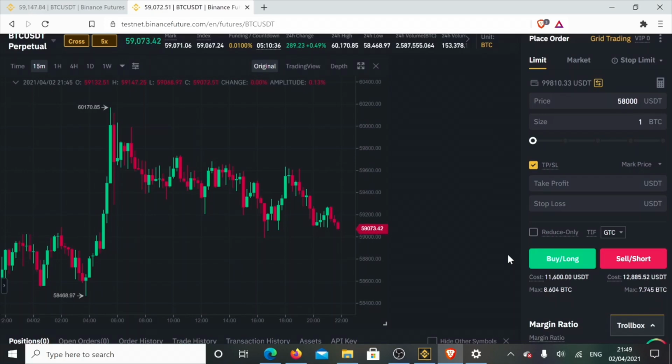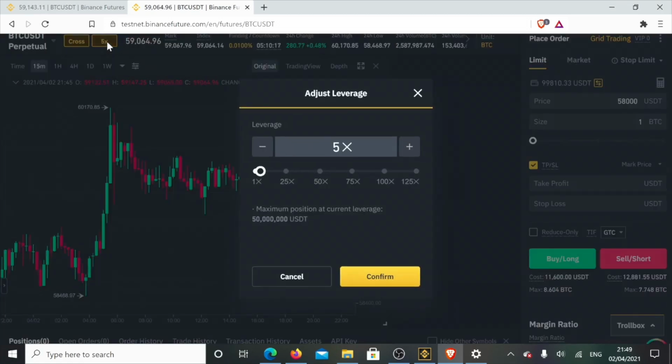Okay, so now when you click on one Bitcoin, you can see here the cost of your trade. The cost of your trade is 11,600 instead of 58,000. Why? Because of leverage. Here is where you set your leverage. You can set your leverage to a maximum of 125, but I can tell you, the higher your leverage, the higher your profits or your losses.